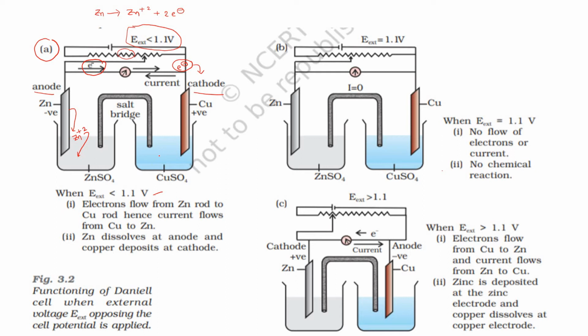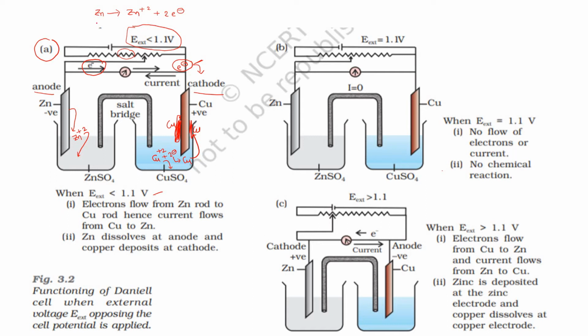Next, from the copper plus 2 in the copper sulfate solution, now what is happening? It takes the 2 electrons and converts into copper, and that is depositing here like this. It is depositing as copper.